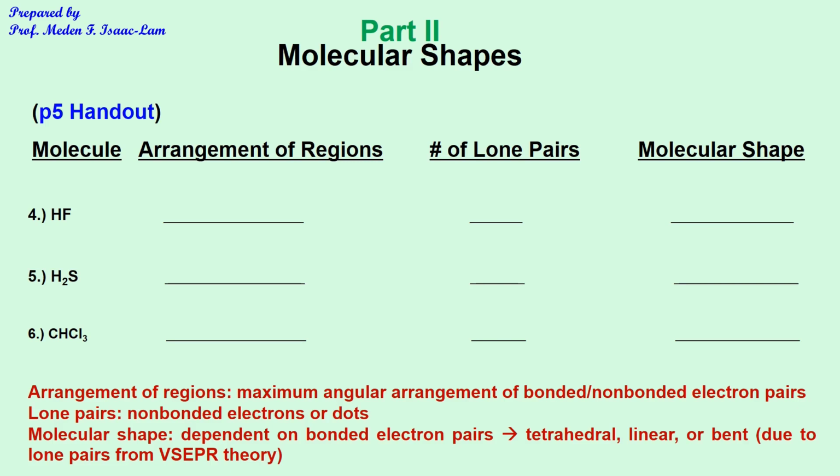You will have 3 lone pairs on each chlorine, but because you have 3 chlorines, 3 times 3 will be 9 lone pairs. Molecular shape is the same as number 1, CH4, because it's based on the central atom, in this case, carbon. For the Lewis dot structure, don't connect the Cl's together in this example, which is number 6.